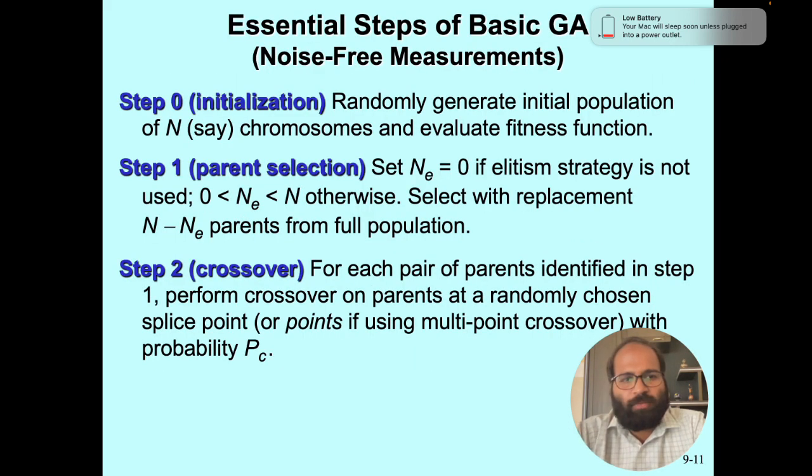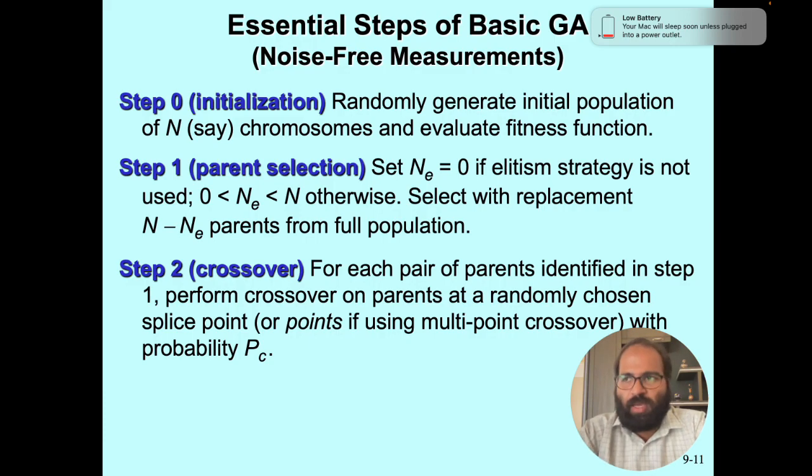So, the steps involved in a basic genetic algorithm, as we have already seen. Step 1 is initialization. The next is parent selection, which could be done by elitism or roulette wheel selection or whatever. The next step is crossover, in which each pair of parents identified in the previous step will crossover randomly at a splice point.